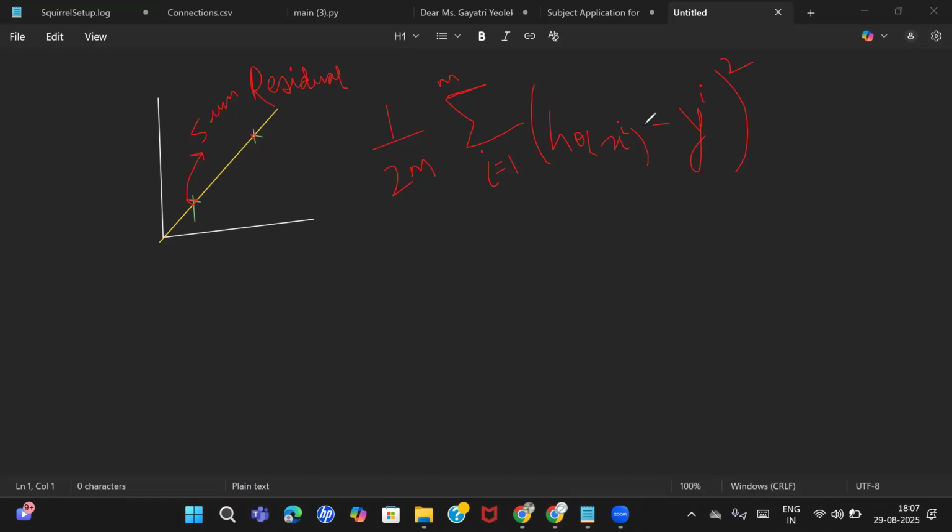This is nothing but the distance between these 2 points. This is my h theta of xi, my predicted point, and this is my actual point. So actual point minus predicted point. Only this thing is there, right?